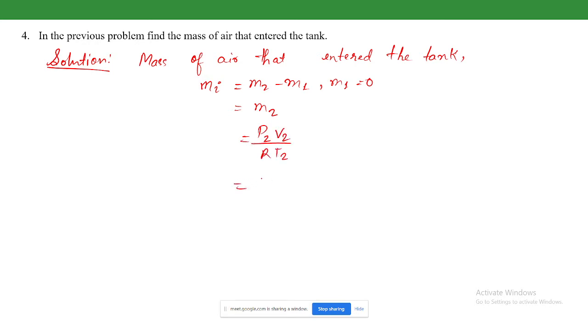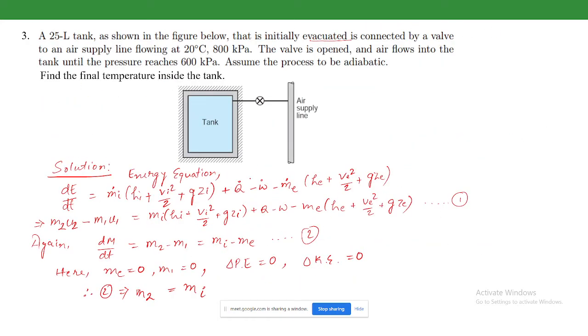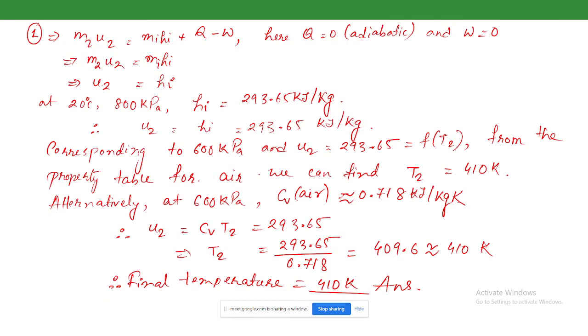We have found the final pressure is 600 kPa. The final volume of the tank is fixed at 25 liters, and the final temperature we found is 410 Kelvin.